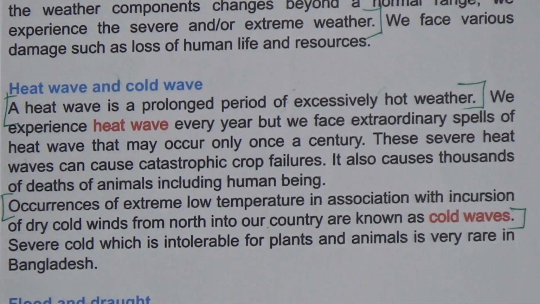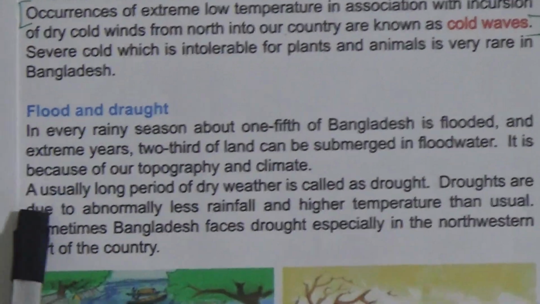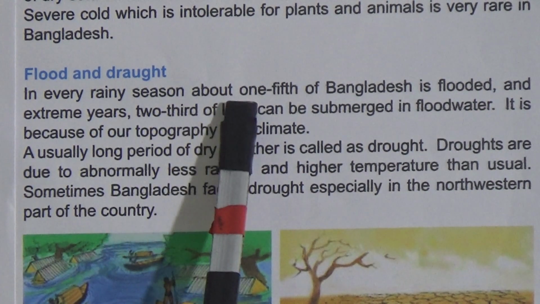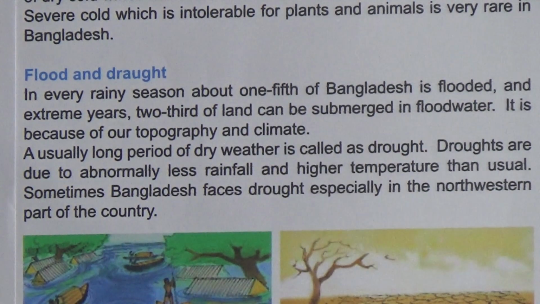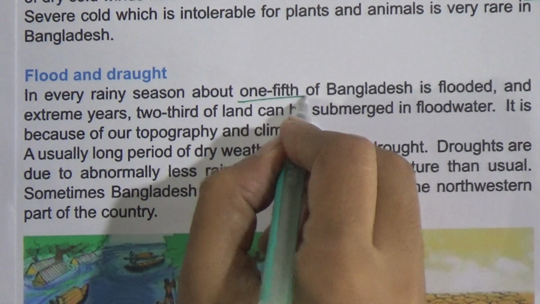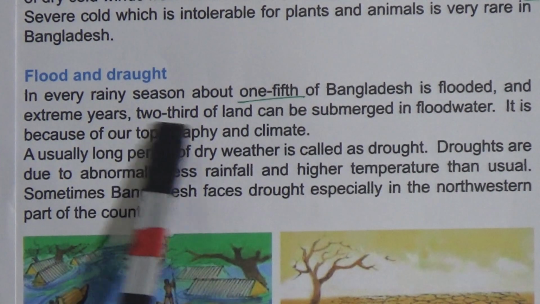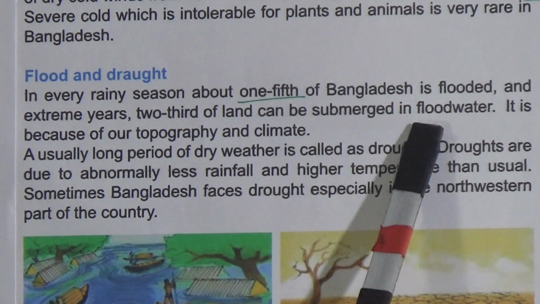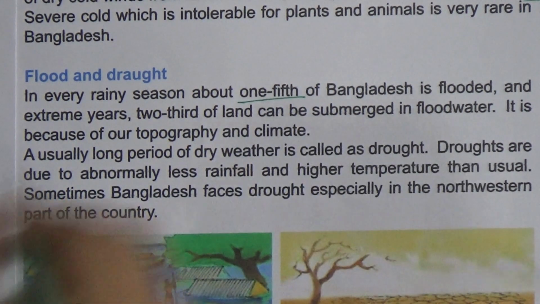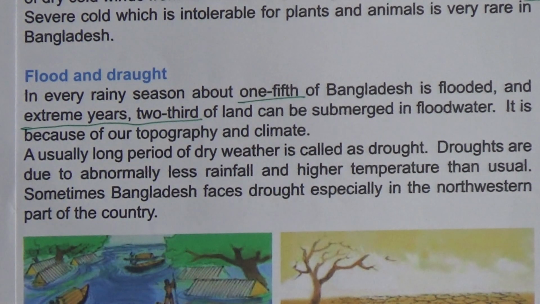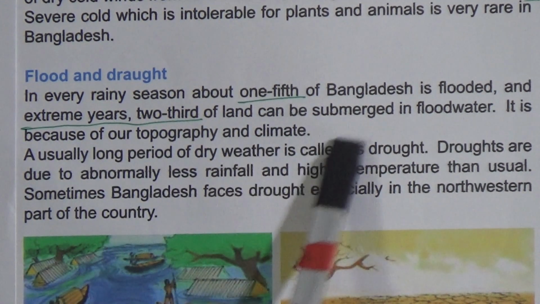Now come to flood and drought, which are common extreme weather for us. In every rainy season, about one-fifth of Bangladesh is flooded. In extreme years, two-thirds of the land can be submerged in flood water. It is because of the topography and the climate.